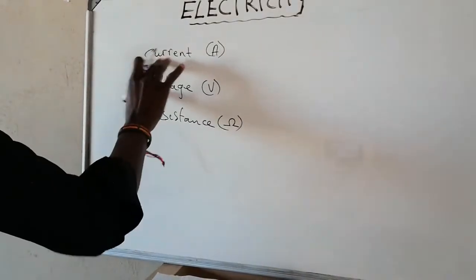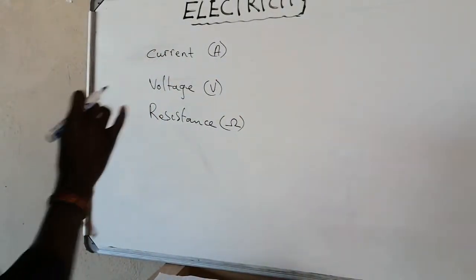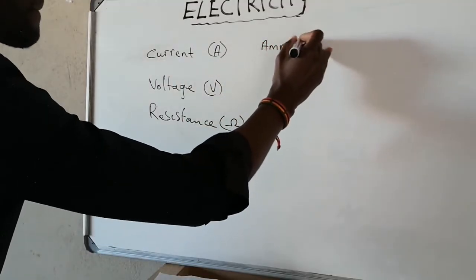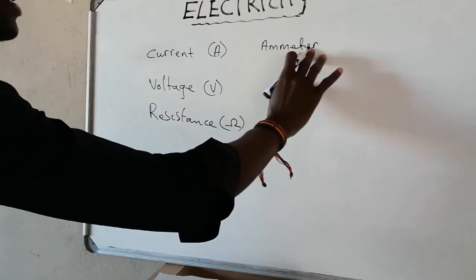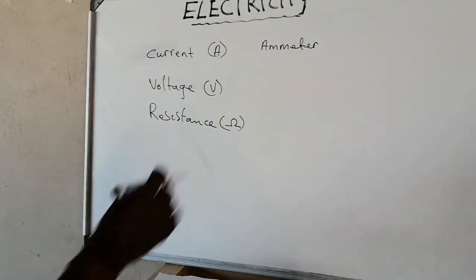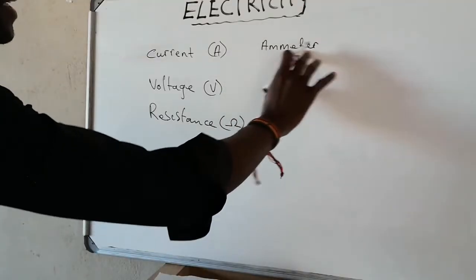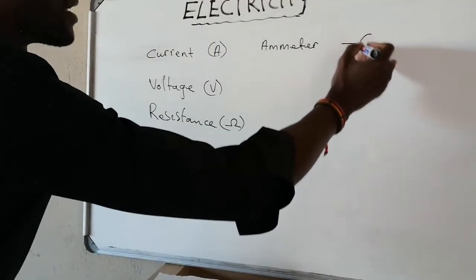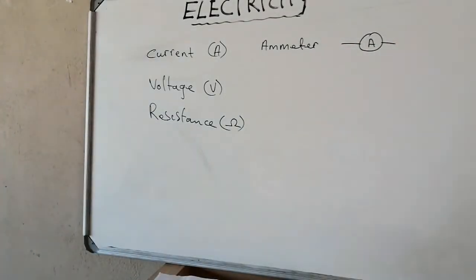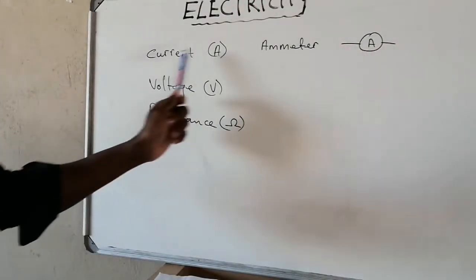With current, the instrument used to measure current is the ammeter. So this is the instrument that we use to measure current. Whenever we see in a circuit there is an ammeter, which will be represented when they draw a circuit for us, just know that this is an ammeter and it is measuring current.